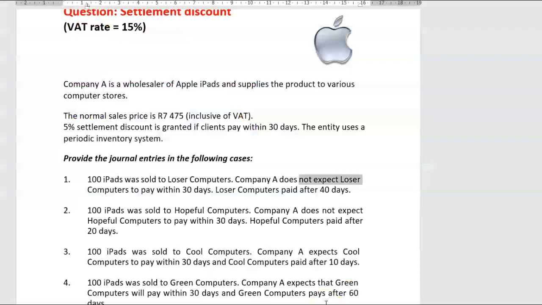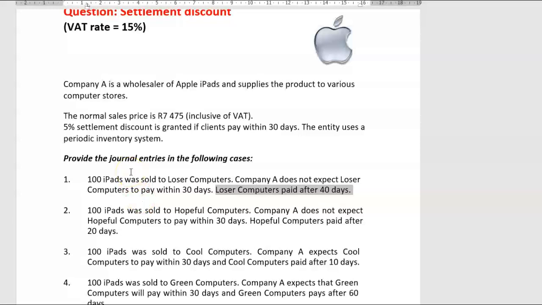Good, now settlement takes place. Now I have to ask myself a few questions. The very first and important question is: did the client settle his outstanding invoice within the settlement period? Loser Computers paid after 40 days. What is our settlement period? 30 days. So when they pay after 40 days, they are not entitled to a settlement discount.